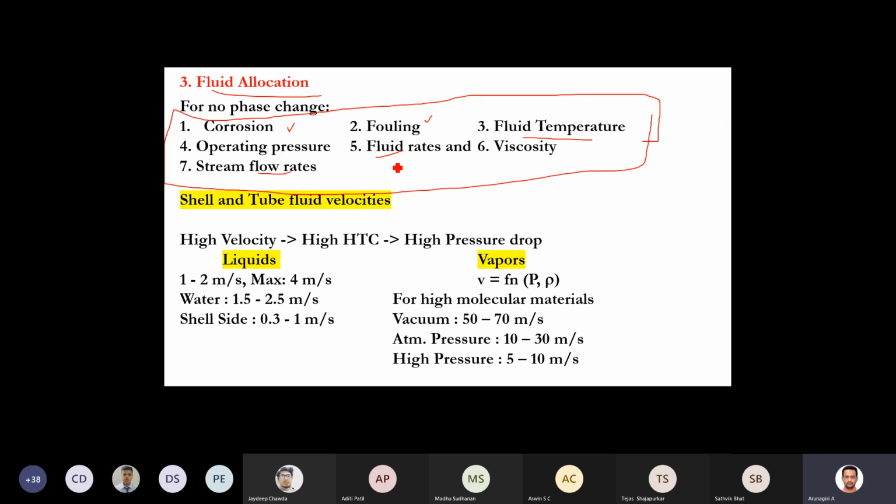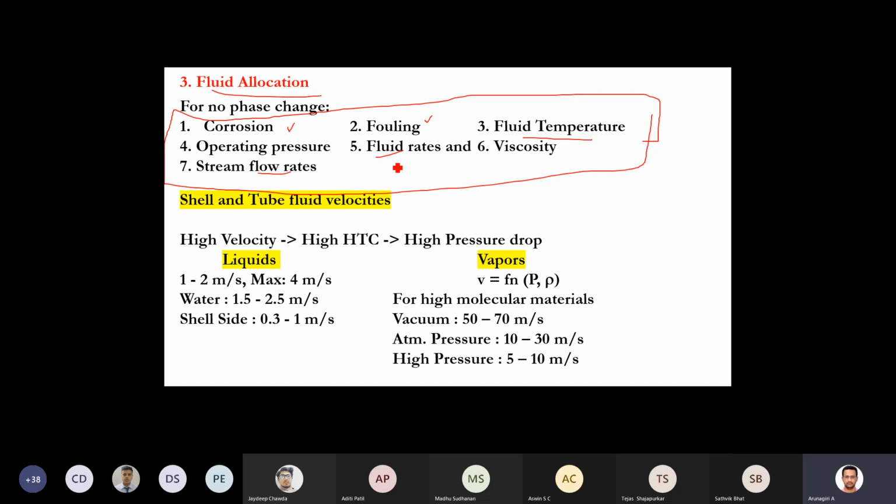But in the case of tube flow, you know the critical Reynolds number: less than 2000, or 2100, you can say it is laminar, and more than 4000 the flow is turbulent. So 2100 to 4000 is transition.